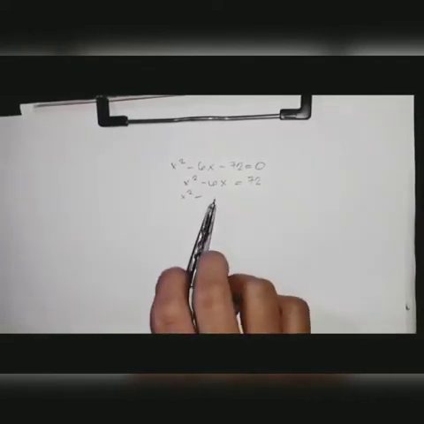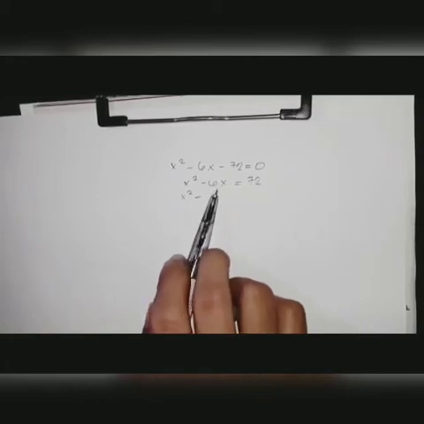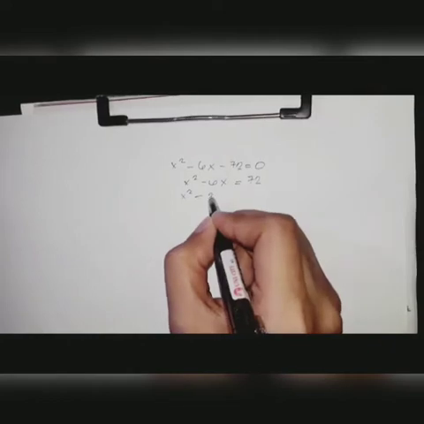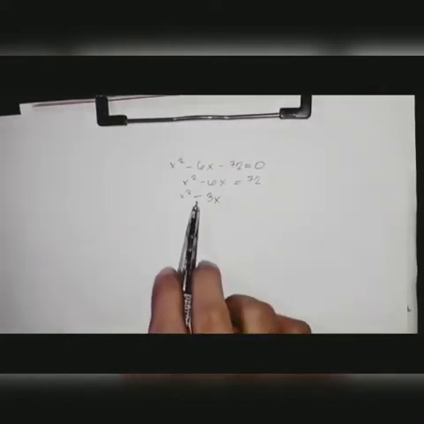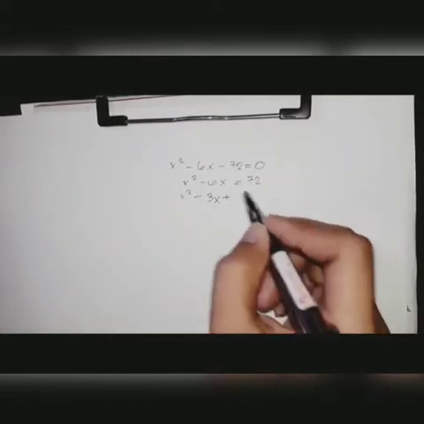For the second term, we should divide the value 6x by 2. So 6 divided by 2 is 3. Copy the x. And since the second term is negative, the third term will be positive.